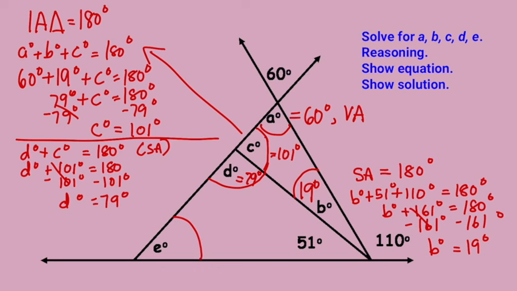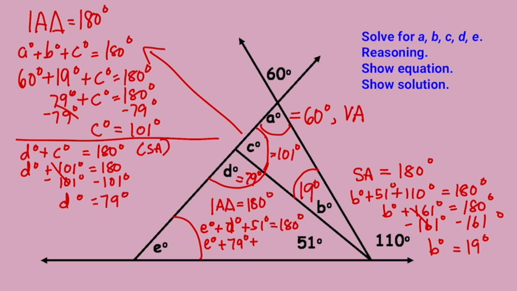And lastly, angle E. To solve for angle E, we need to use the interior angles of a triangle rule, because we have two interior angles that we know the measure of. That means we can solve for E. So E plus D plus 51 equals 180. We do not know what E is, but we know what D is.